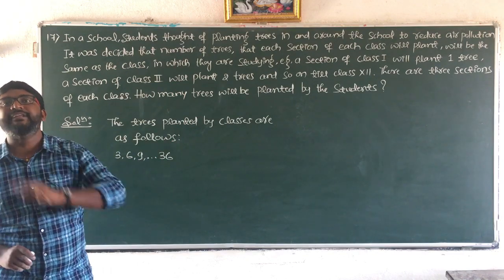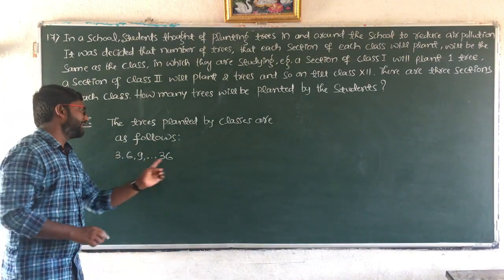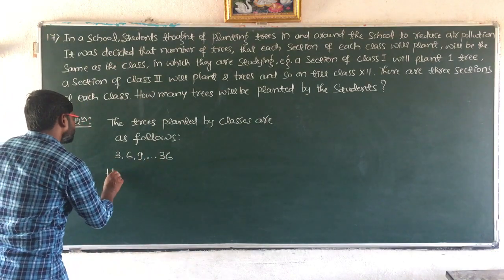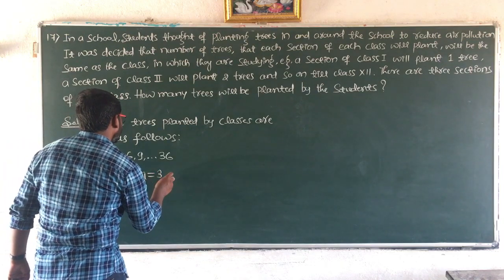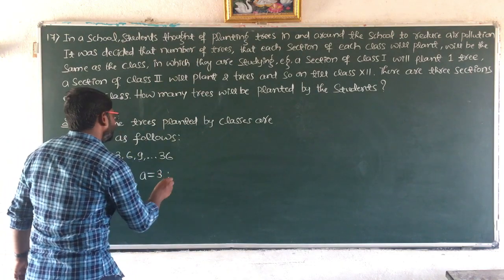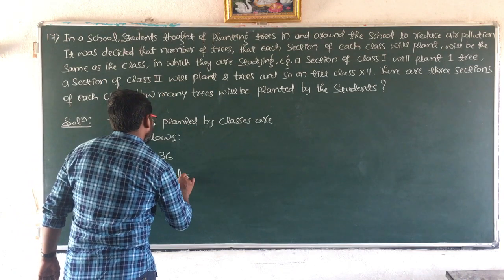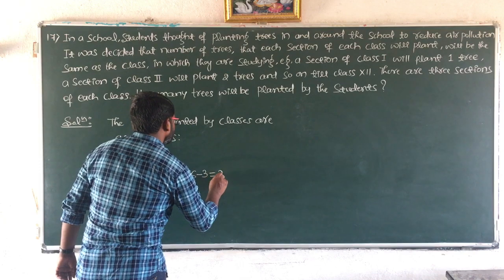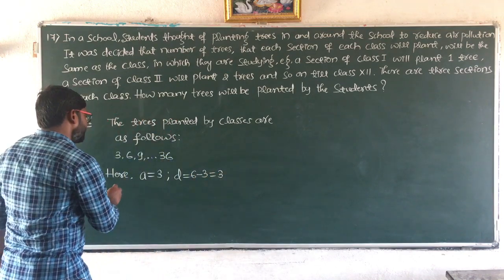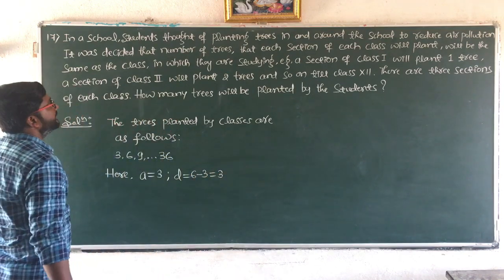So 12 into 3 it is 36. So here a which is equal to 3 and then d which is equal to 6 minus 3 which is 3.